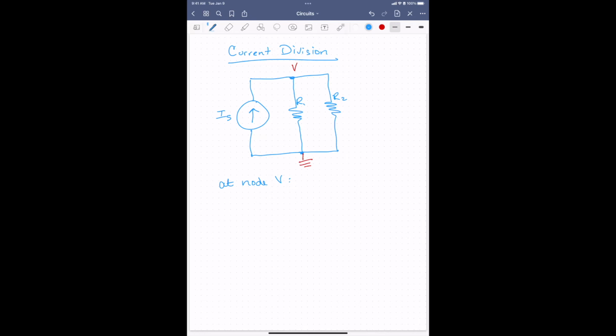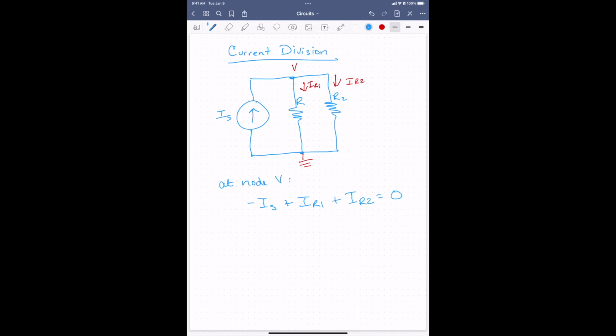Summing the currents leaving the node, which is my preferred way to do it, I have this current coming in, so that's minus IS, plus the current I'll call IR1, plus the other current IR2.